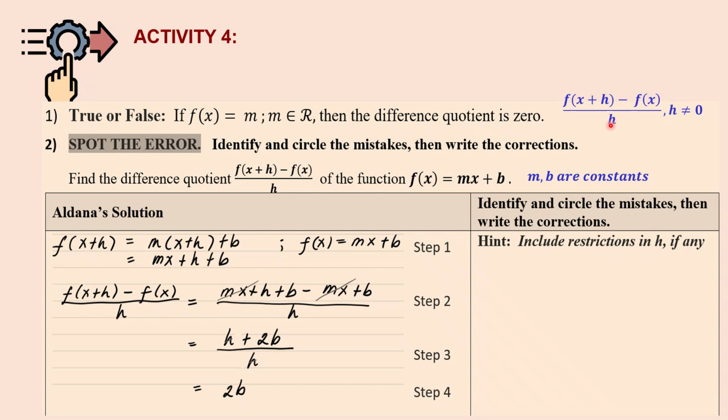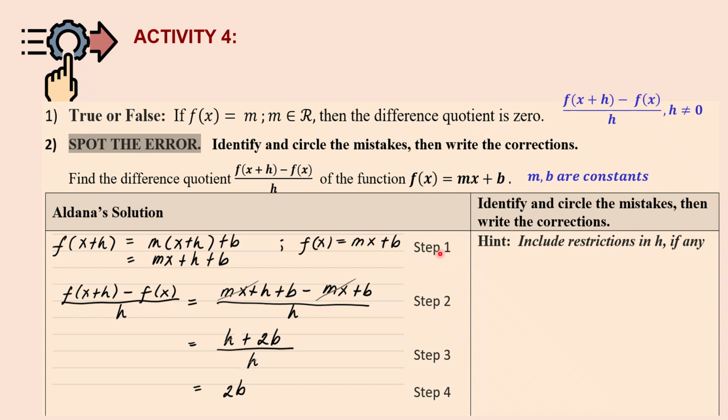The second question is about spot the error. Here we have to identify and circle the mistakes, then write the corrections. We will find the difference quotient of the given function mx plus b, where m and b are constants. It is shown here, Aldana's solution of f of x plus h, and then she rewrites f of x, and after that she created the difference quotient as this.